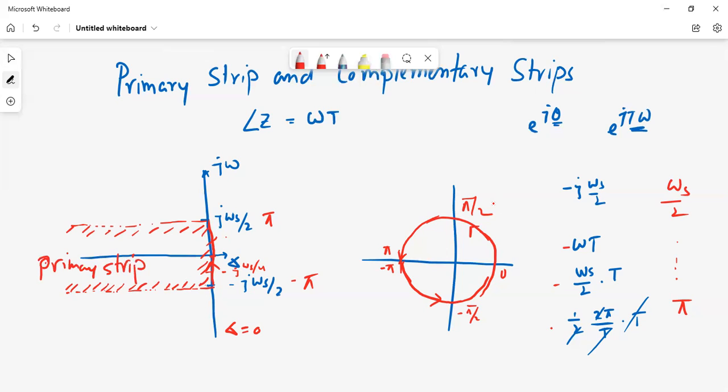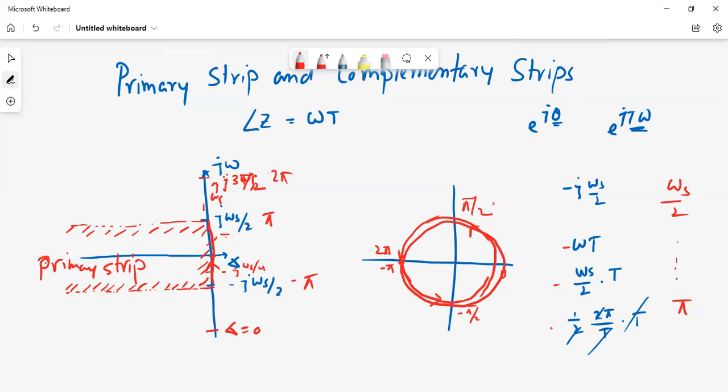And if you start now from this location, which is pi, then you go up to j 3 omega s by 2, another omega s gap. Then you are going to get twice pi. So basically, you start from this same location, then go another round, and eventually you reach twice pi. Okay, so the same thing will be repeated, and also in the negative direction.